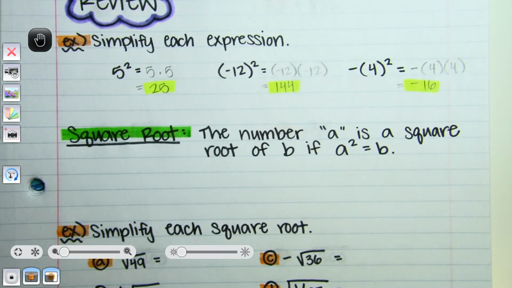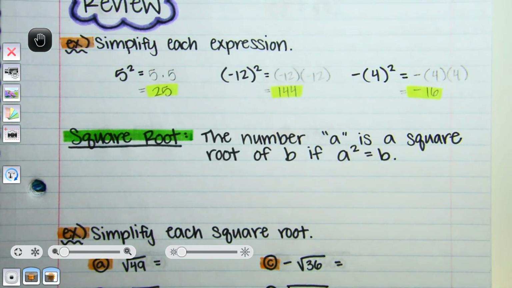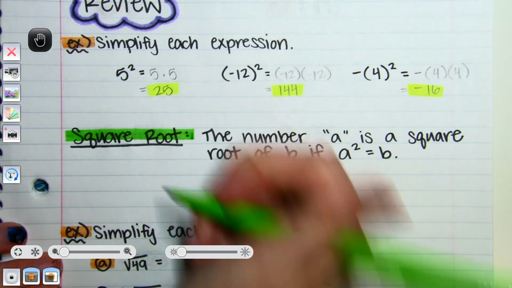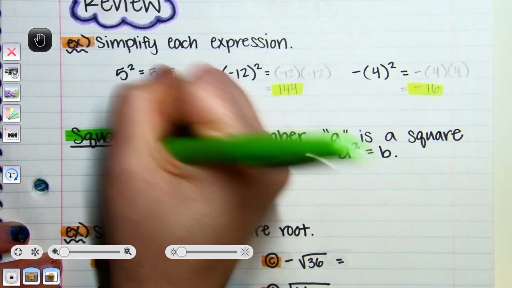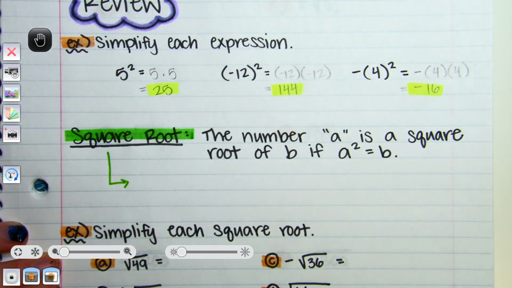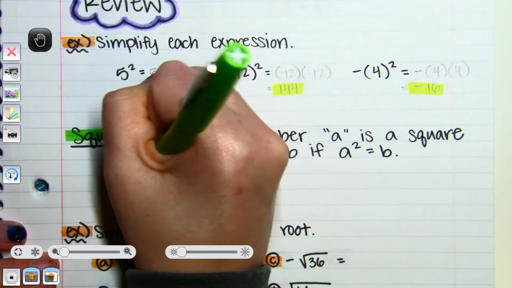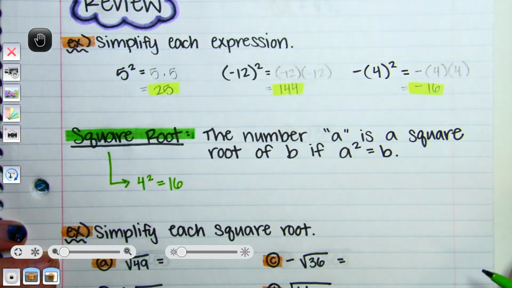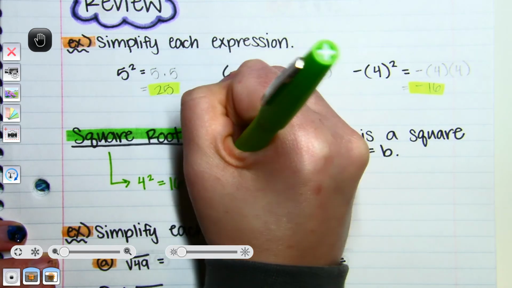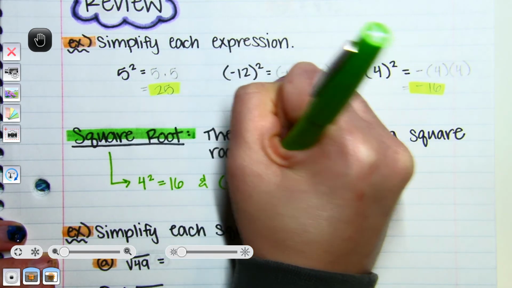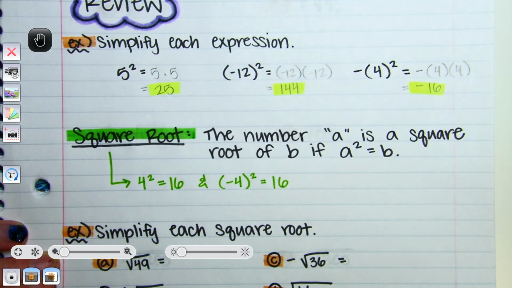All right, now go ahead and write down the definition for square root. The definition says that the number a is a square root of b if a squared is equal to b. So basically all that means is that 4 squared is equal to 16 and negative 4 quantity squared is also equal to 16.